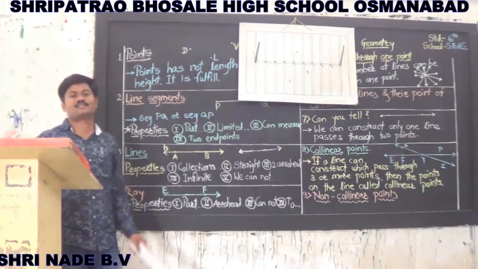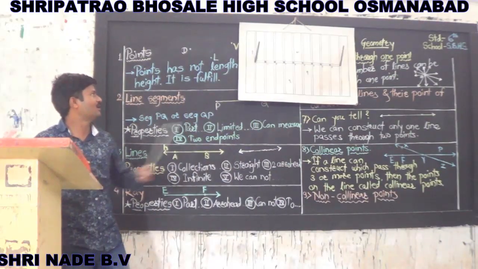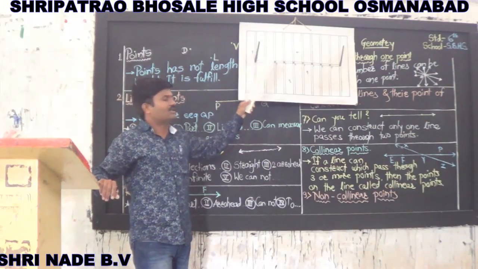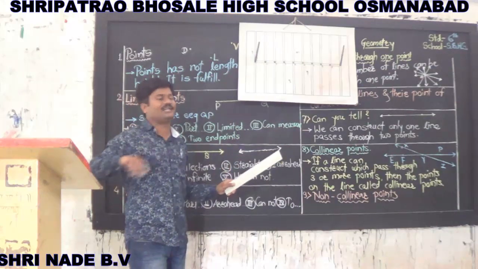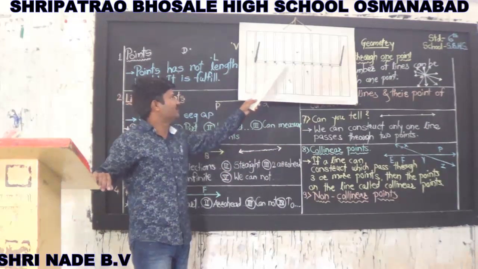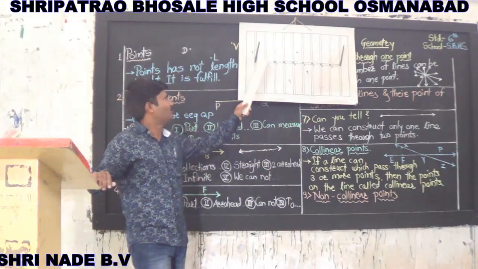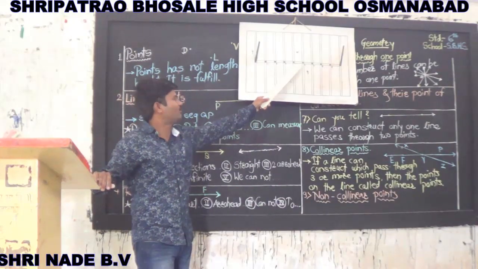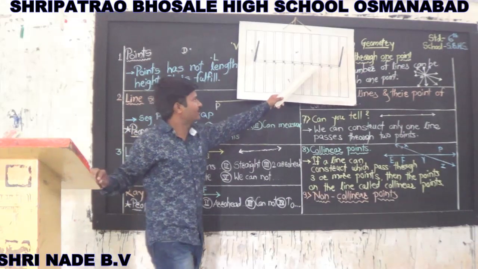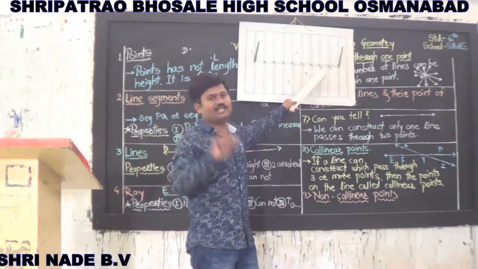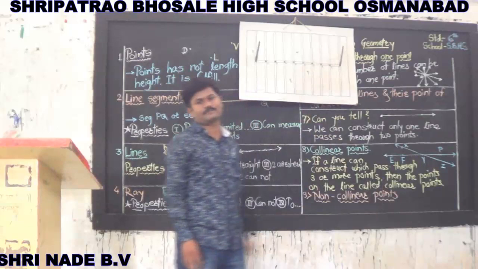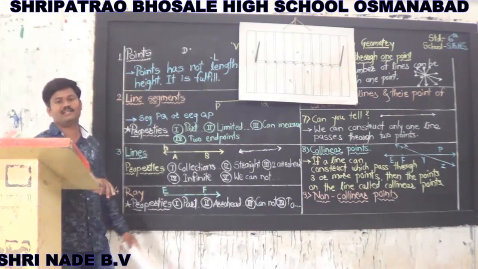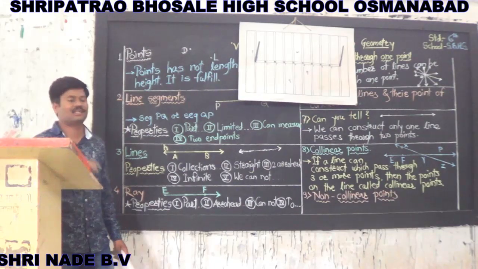Suppose the players are points. The sitting players are the points: point A, point B, point C, point D, point E, point F, point G and point H. These 8 points are on one line, the same line.